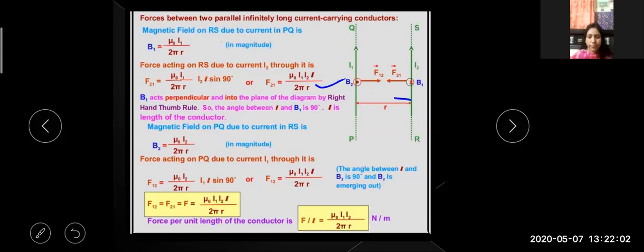F21 is towards PQ, and applying Fleming's left hand rule, we find the direction of force F12. It will be towards the RS conductor. Clear? It means that two linear parallel conductors carrying currents in the same direction attract each other. Clear?